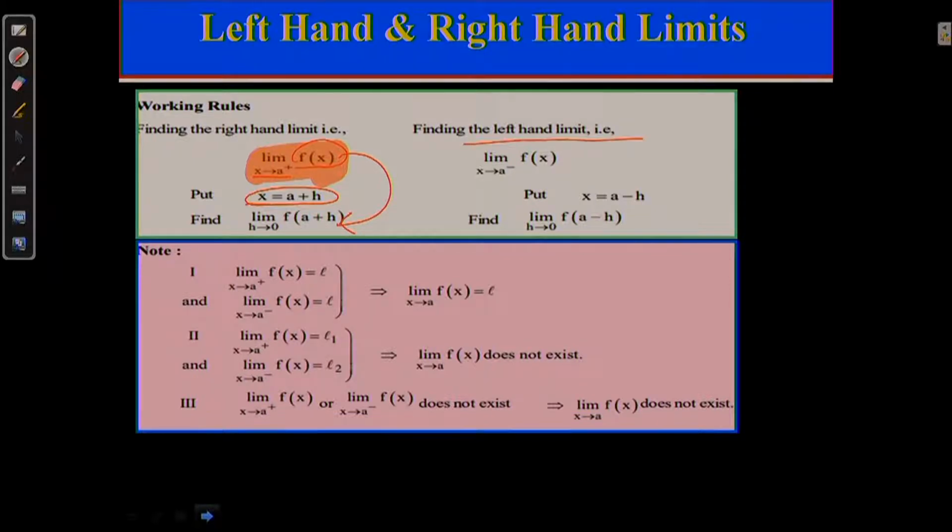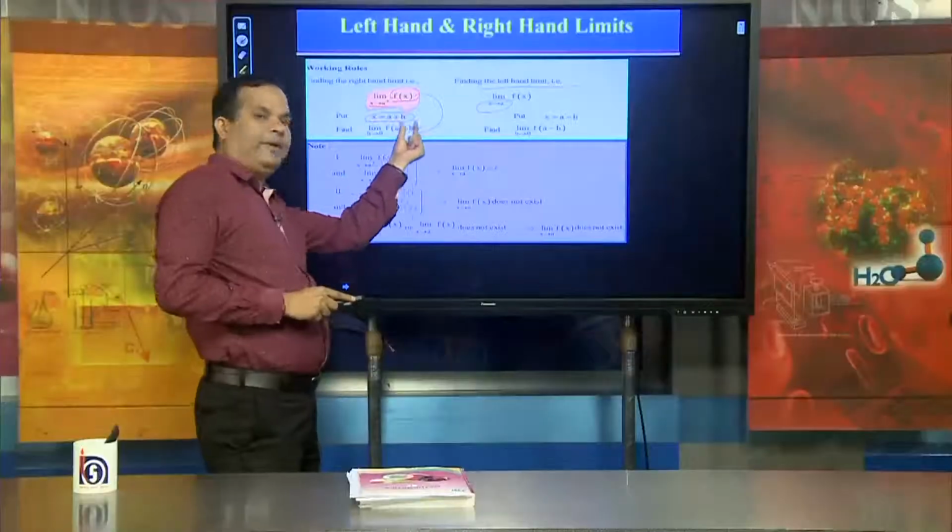When we are going to find the left hand limit, instead of x tends to a plus, it is x tends to a minus. So in place of x, we will write a minus h. When talking about the right hand limit, in place of x we are writing a plus h.